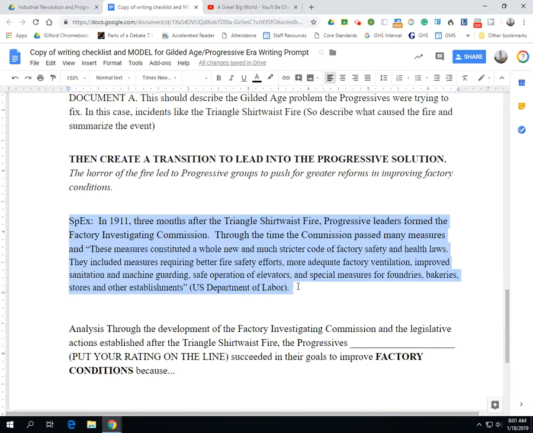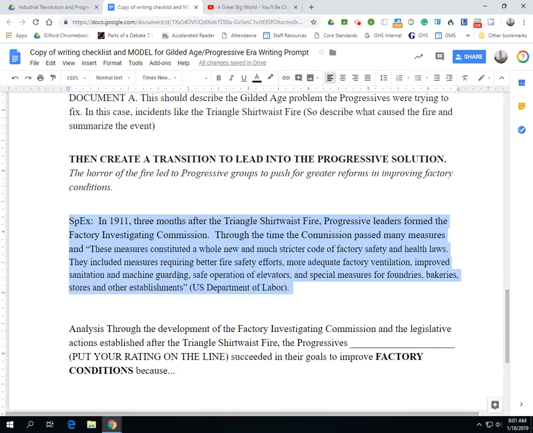As you read document B, you want to highlight anything that would show that they are working towards either completely succeeding in their goal, partially succeeding, like laying the groundwork but not quite finishing, or not succeeding at all, where what they were doing just didn't have any effect.